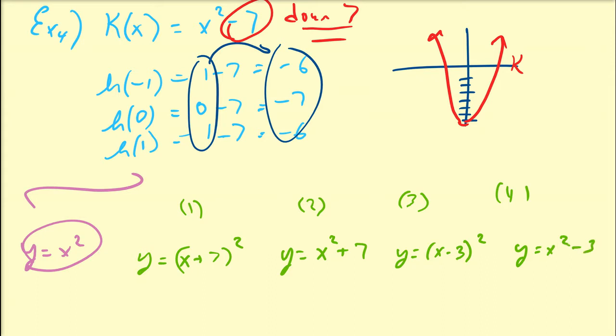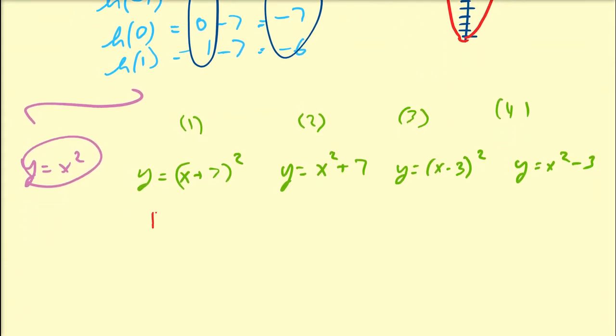So let's review what we have discussed. So this is going to be right 7. This is going to be up 7. This is going to be, actually this should be left. So left 7. This is right 3, and this is down 3.